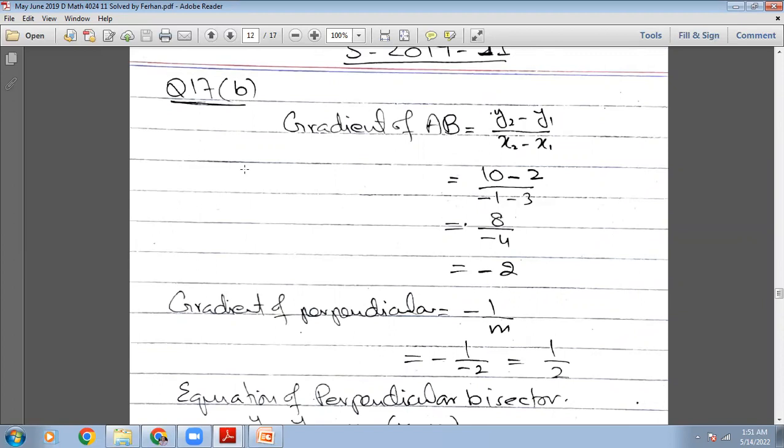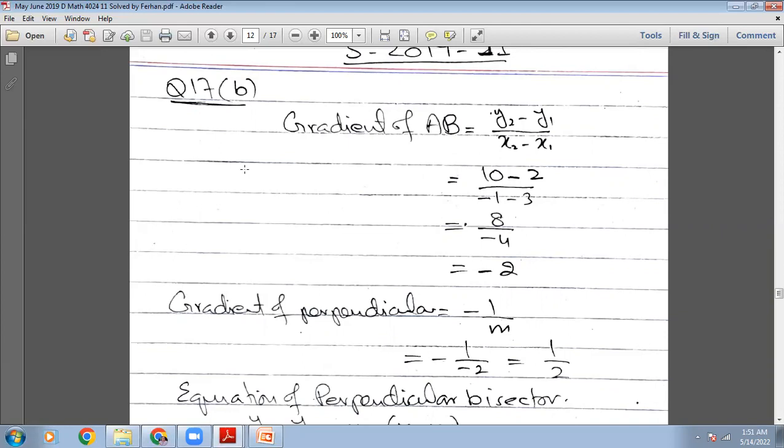The gradient of the perpendicular to AB will be the negative reciprocal of the gradient of AB. So it will be minus 1 by minus 2, so minus will become plus. So the gradient of the perpendicular to AB will be 1 by 2.